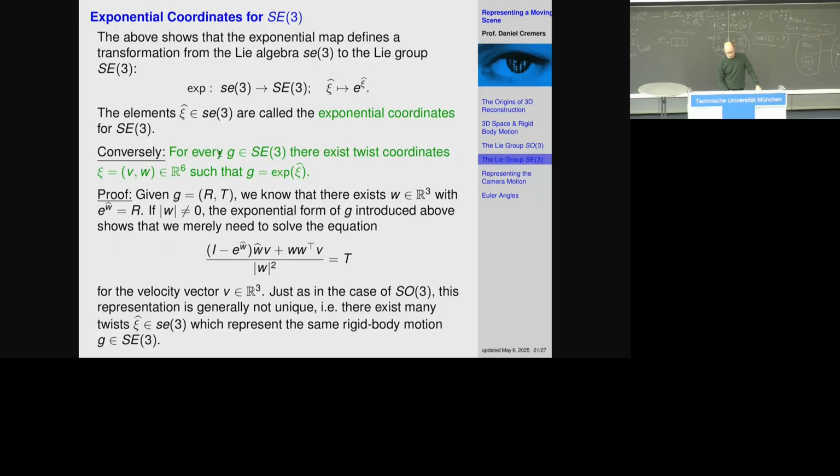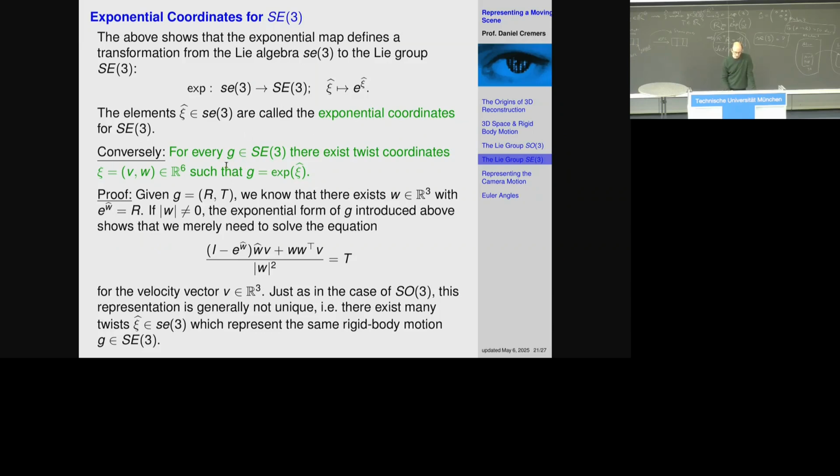Conversely, one can show that for every rigid body motion, there exists a twist coordinate. So this shows that I can really reach every rigid body motion. Here I first showed that once you have a twist and you exponentiate, you get a rigid body motion.